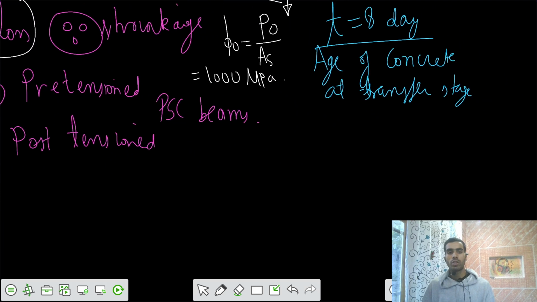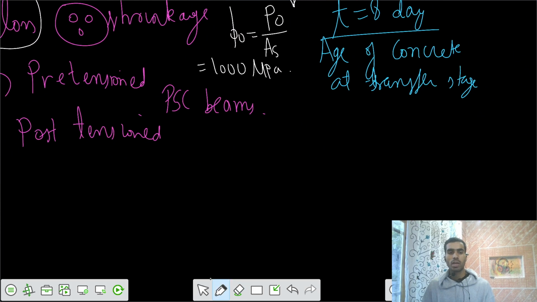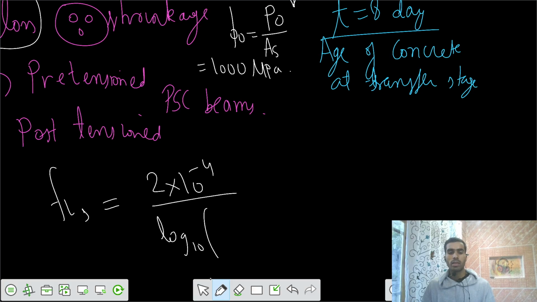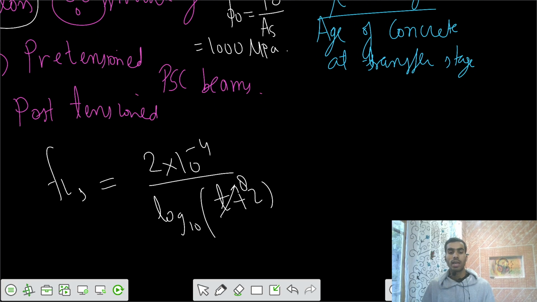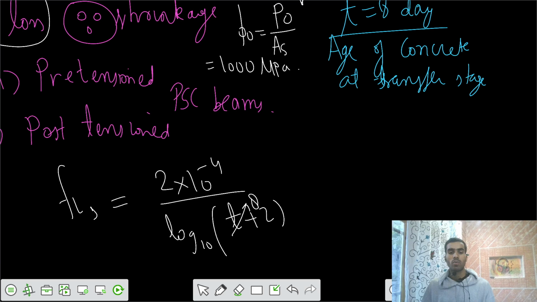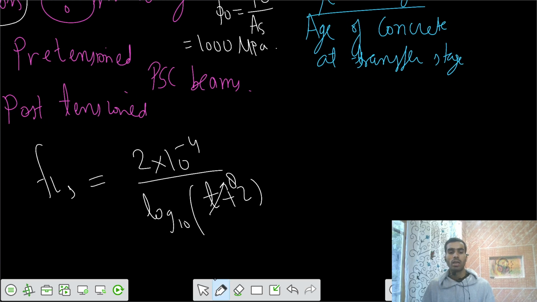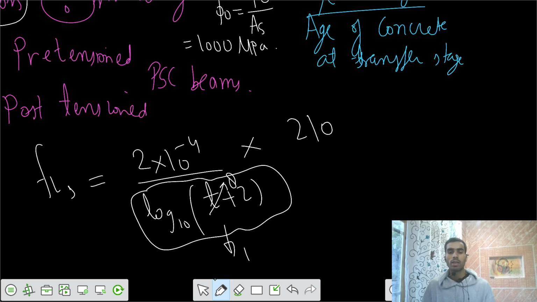Now if I take post-tension, the loss of stress because of shrinkage is 2 into 10 to the power minus 4 divided by log to the base 10 of (t plus 2). Your value of t is 8, such that log to the base 10 of 10 is 1. So this part is actually 1, into the modulus of elasticity, 210 kilonewton per millimeter square.